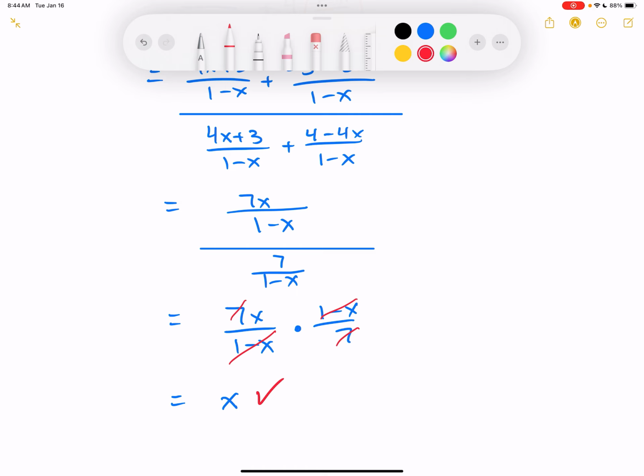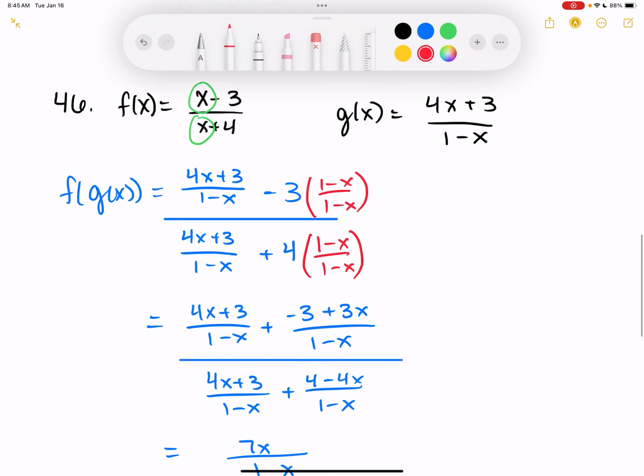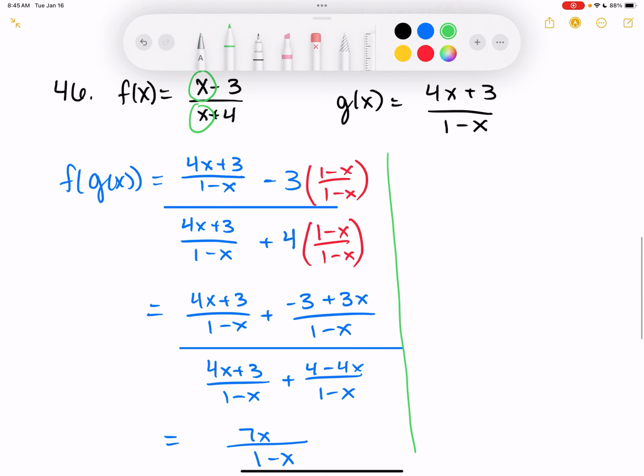I'm not going to say 100% of the time yes, but typically if one works, the other one will work. Same, if you look at x plus 5, the other one's x plus 5. Yeah, that could happen, right? All right, I'm going to draw a line here and do g of f of x on this side.